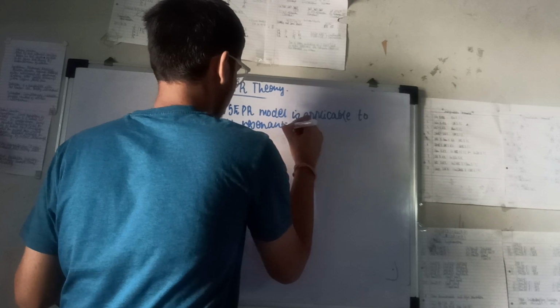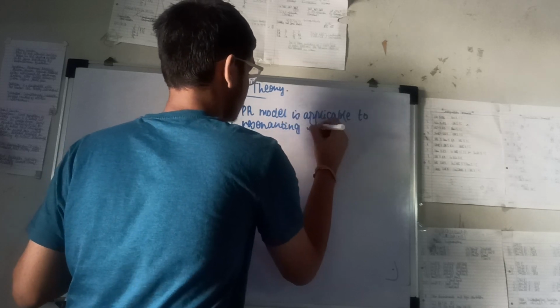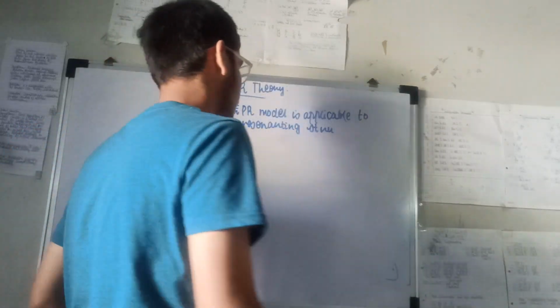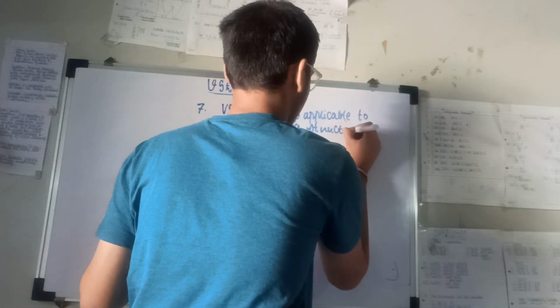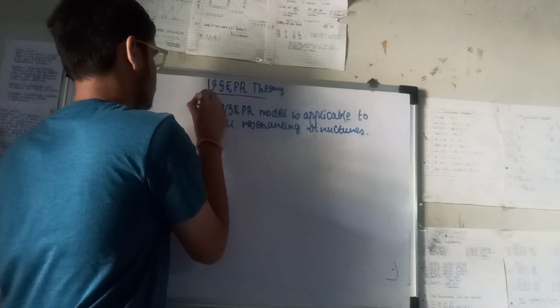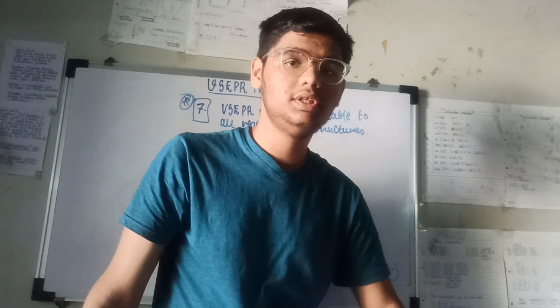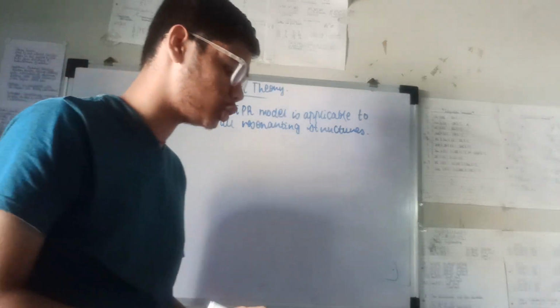One single VSEPR model is sufficient for all resonating structures. That is the 7th point in the NCERT, and this way we have completed the postulates.